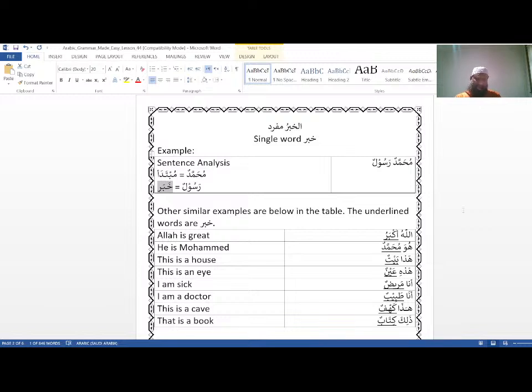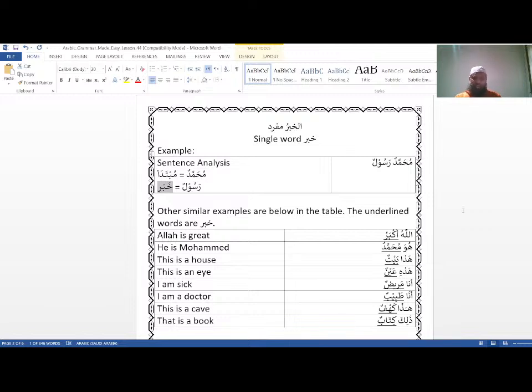Hold on. We say khabar is nakira generally, but sometimes khabar can be ma'rifah. When can khabar be ma'rifah? Very simple, when you have no choice.